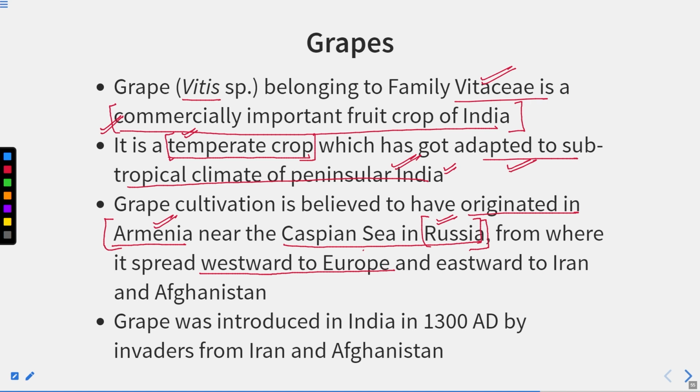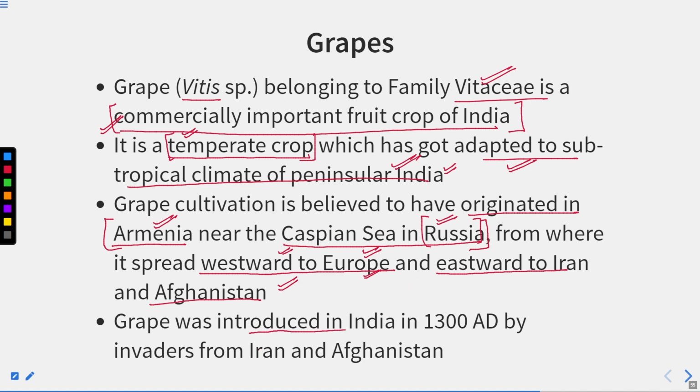From Russia the grapes moved toward the west and spread in the European countries. It also spread eastward to Iran and Afghanistan. So here you can see how this crop originated and spread to the east and west of Russia.